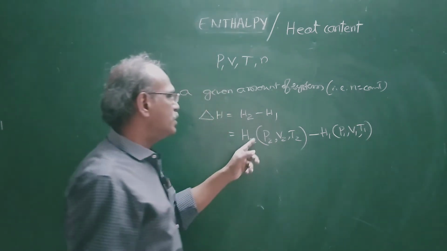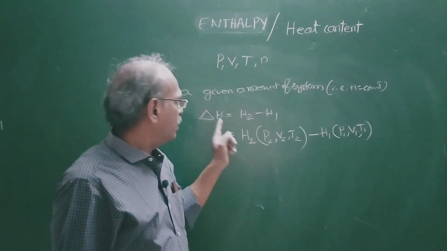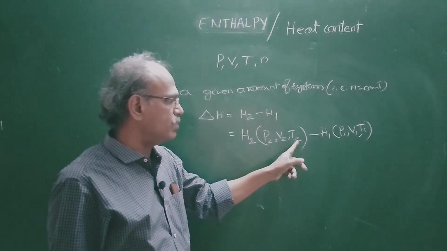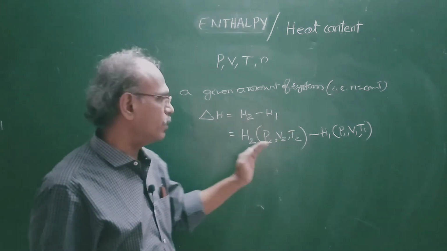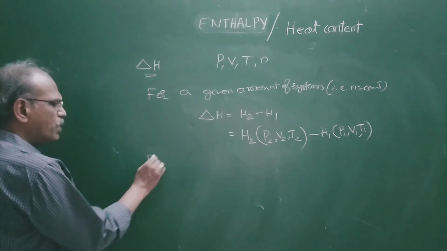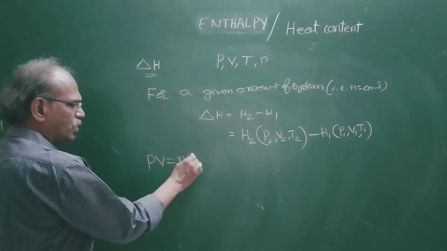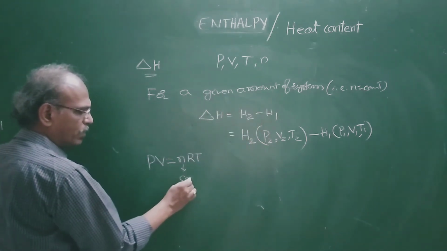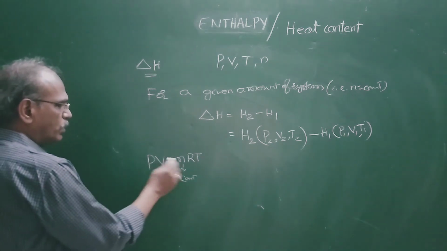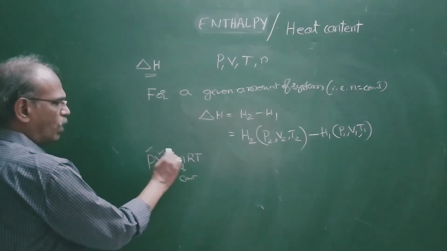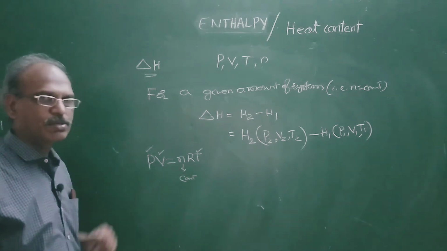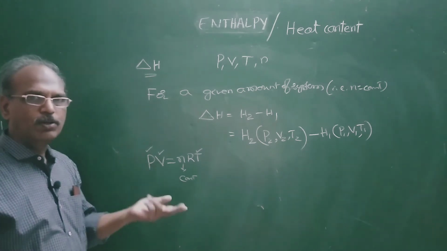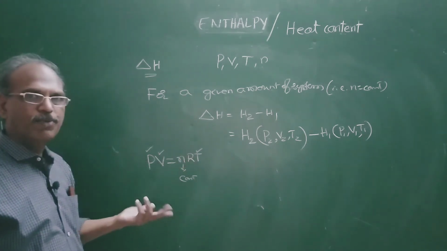This is the enthalpy of the system at this pressure, this volume, and this temperature. Similarly for H1. But according to PV equals nRT, for a given amount of system n is constant, R itself is constant, and the remaining variables are pressure, volume, and temperature. If two of these three are known, the remaining one is fixed.